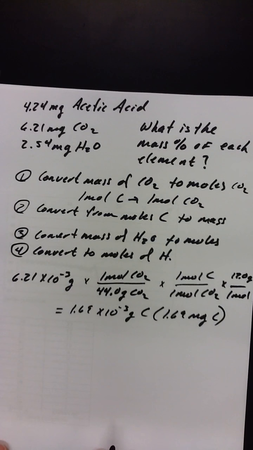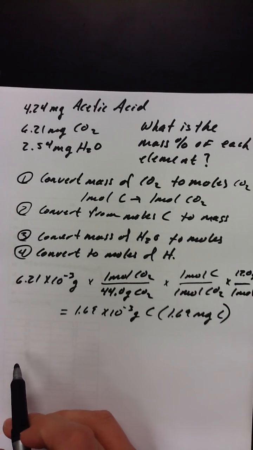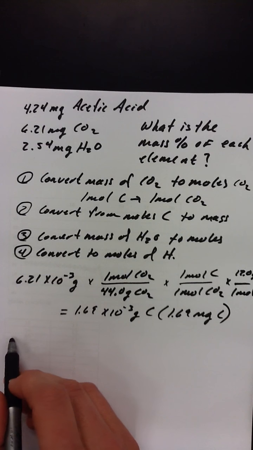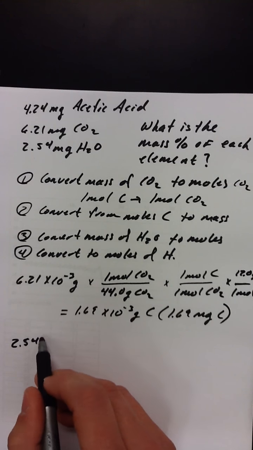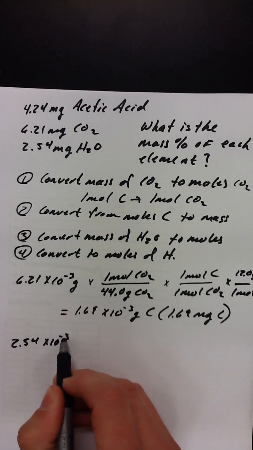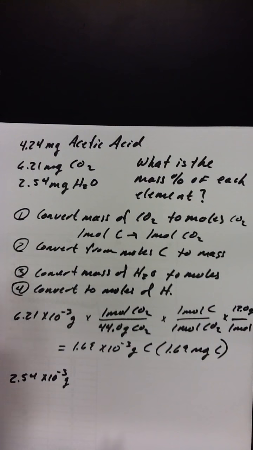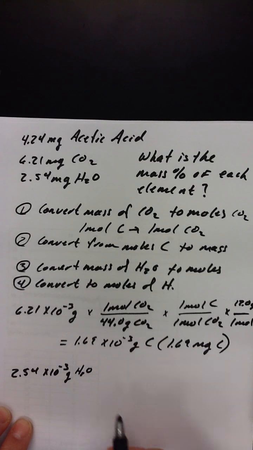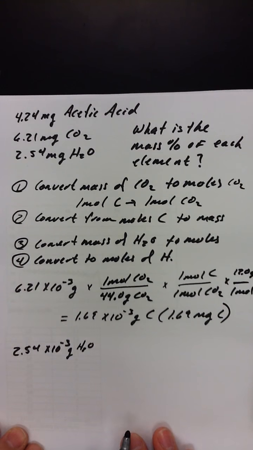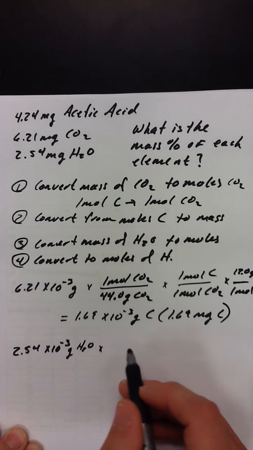So for the hydrogen, we'll always start with what we know, we have 2.54 times 10 to the minus 3 grams, which is 2.54 milligrams of water. So grams of H2O. We're going to convert that into moles.